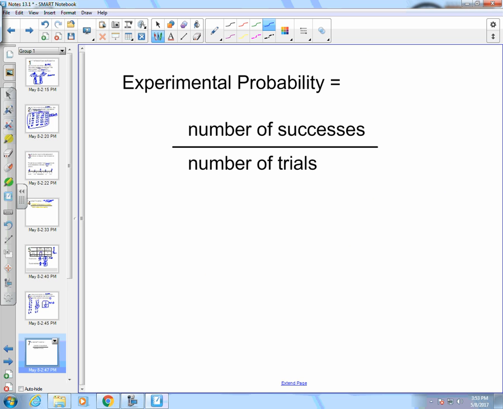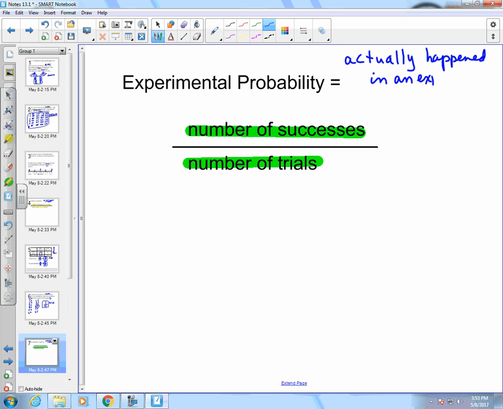Experimental probability. Experimental probability is the number of successes over the number of trials, meaning what actually happened in an experiment. Okay, this is what turned out when you did an experiment.